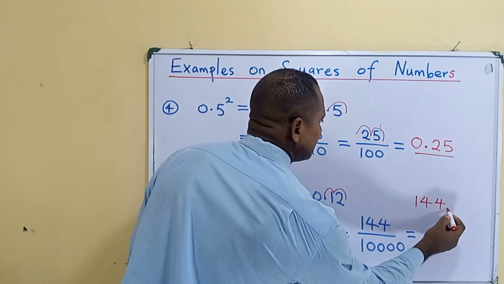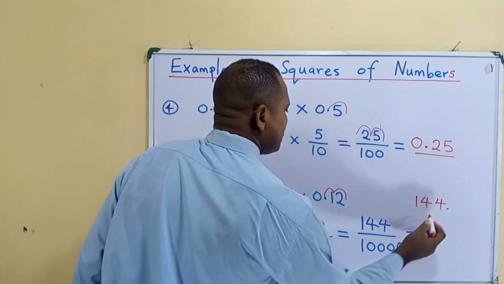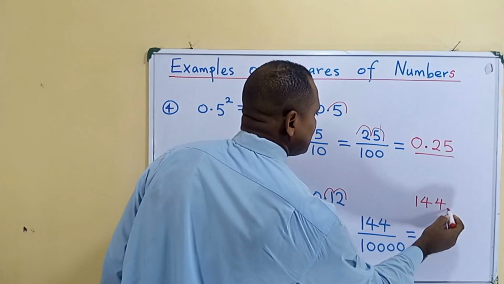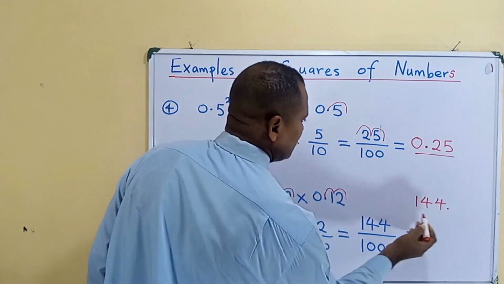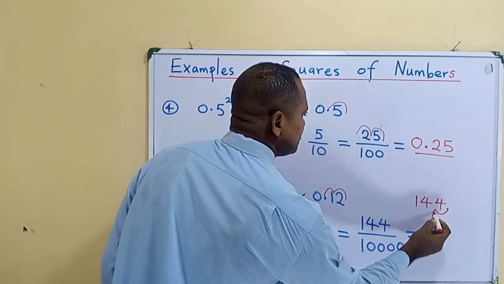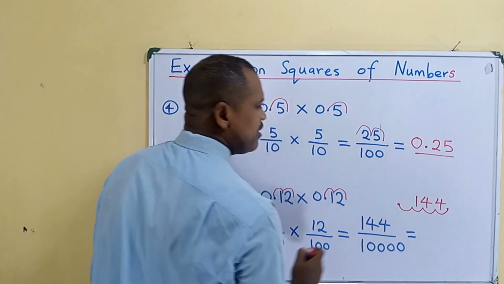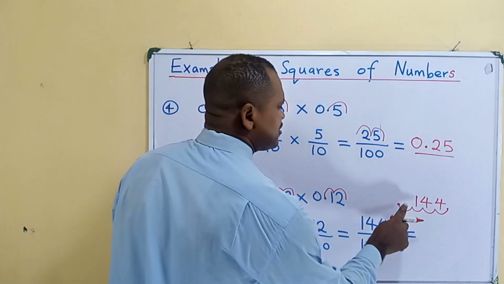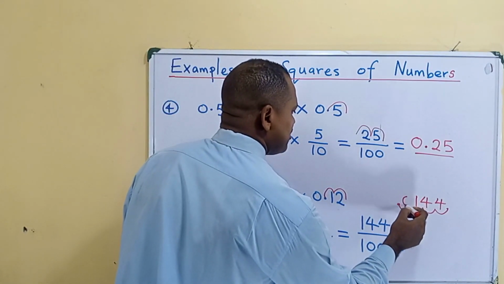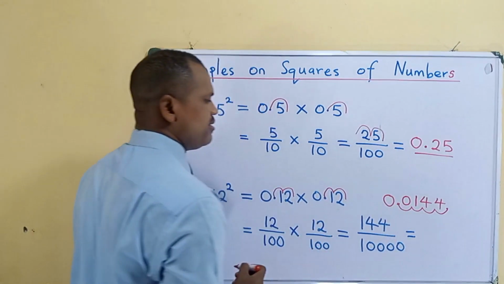So you start from here. You jump 4 times, because it has 4 zeros. So let's do it under this one. You can do it like this. 1, 2, 3, 4. Decimal point is now here. Because there is no digit here, you put 0 here, and then another 0 here.